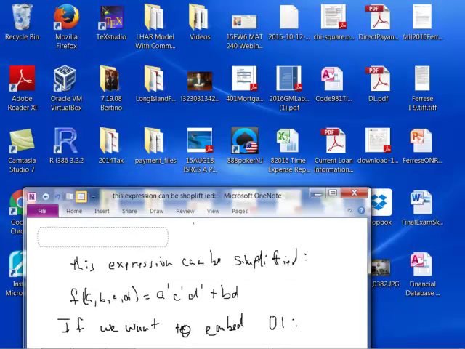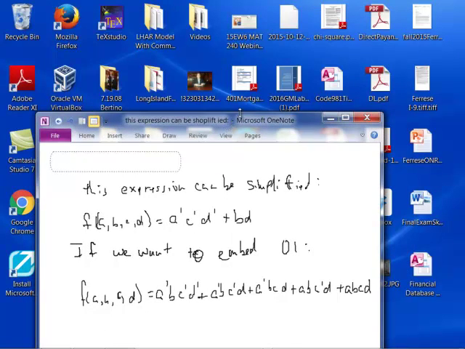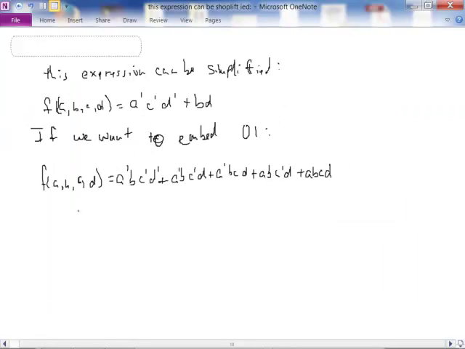Incidentally, this function simplifies to A naught B C naught, or BD. Similarly, we could hide the information 1, 0 by removing the A, B, C, D term and replacing it with A naught, B naught, C naught, D naught.